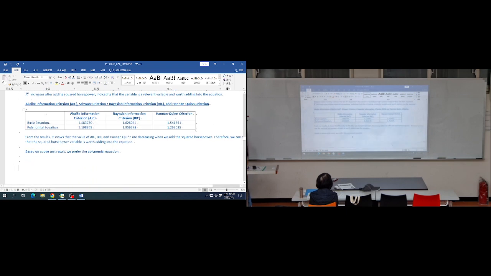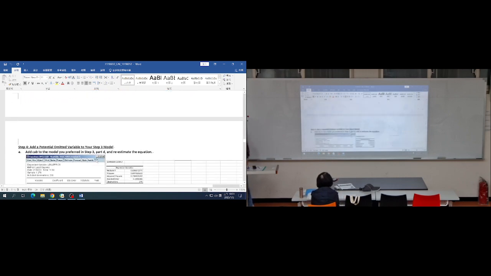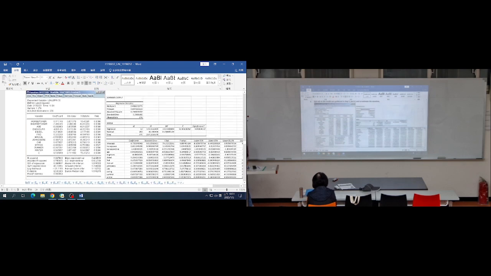It's also the same from the results of AIC, BIC, and Hannan-Quinn. From those values, the polynomial equation's result is decreasing. Therefore, we can conclude that the squared horsepower variable is worth adding to the equation. Based on those results, we prefer the polynomial equation. Okay, step 4.